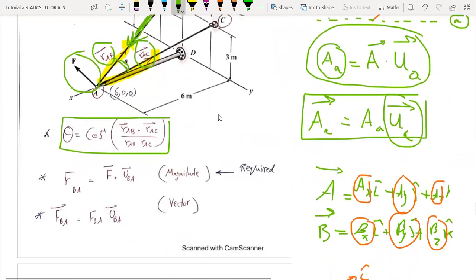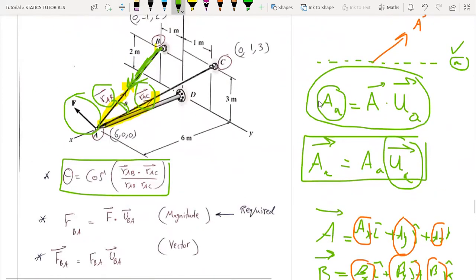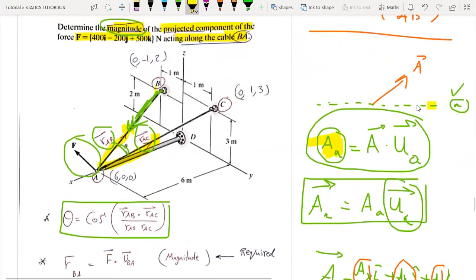But I should also mention something. Here we have found the magnitude of the vector projected along the axis. But what if we want to find the perpendicular component?